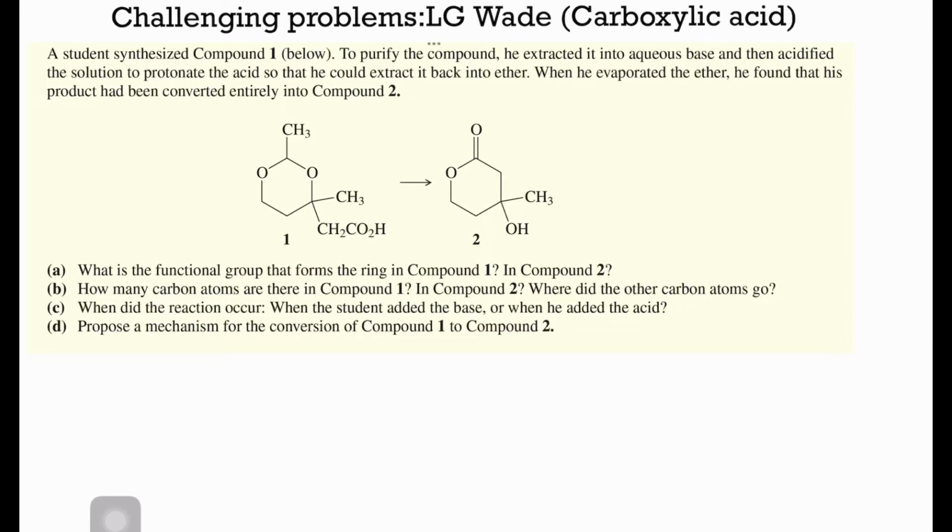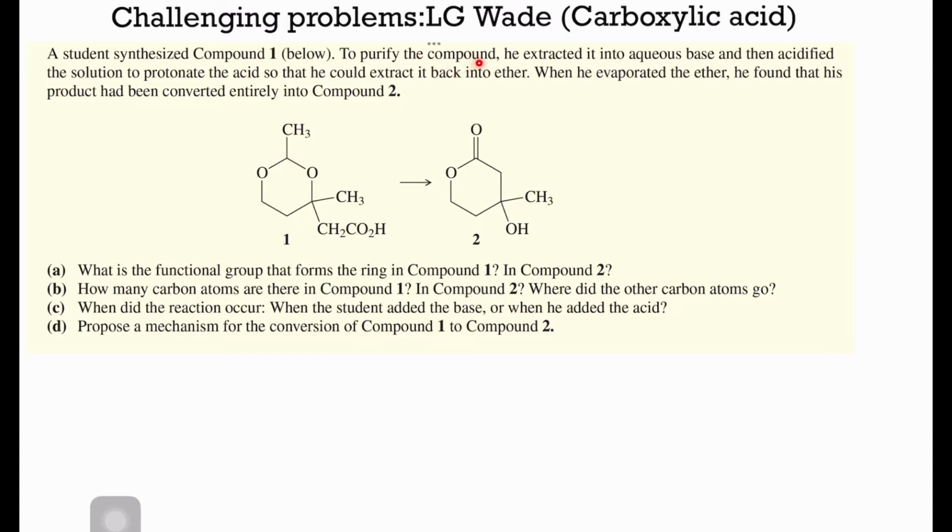Hello everyone. In this lecture, I'm going to discuss a challenging problem from LG book. This is based on carboxylic acid. The question is, a student synthesized compound 1, that is this one.